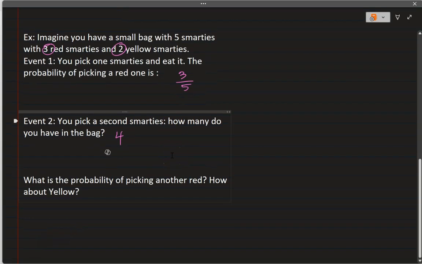Now let's look at this question. What is the probability of picking another red? How about yellow? So there are 2 questions here. Now you're looking at the second Smartie you're going to pick, and what is the probability that you pick another red?